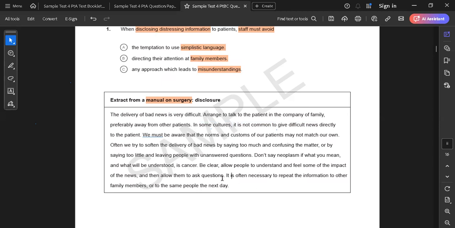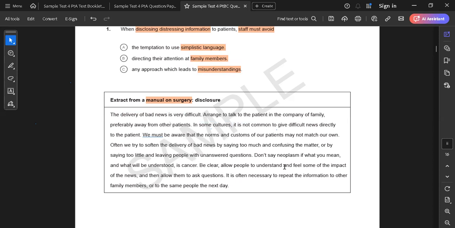We should be clear, we should not use any approach that leads to misunderstanding. They clearly said, be clear. So, be clear means you should avoid any approaches which lead to misunderstanding.